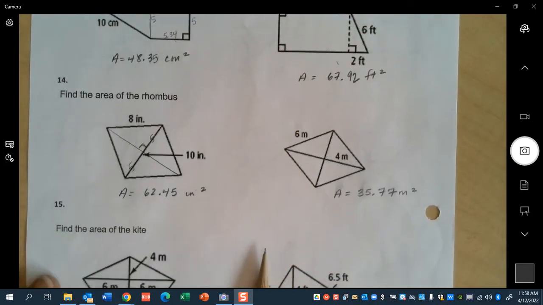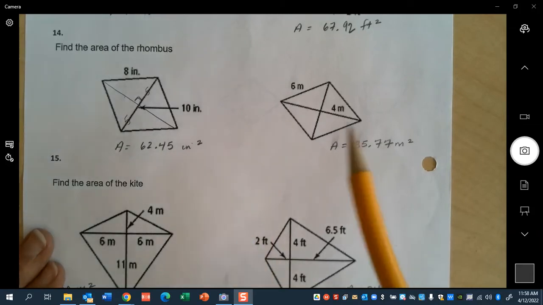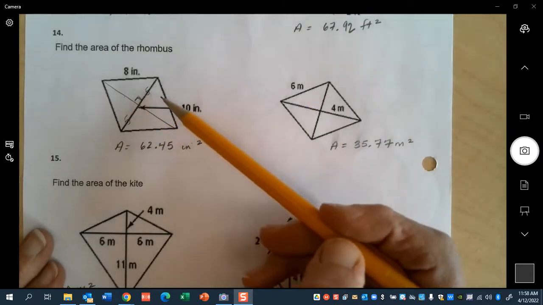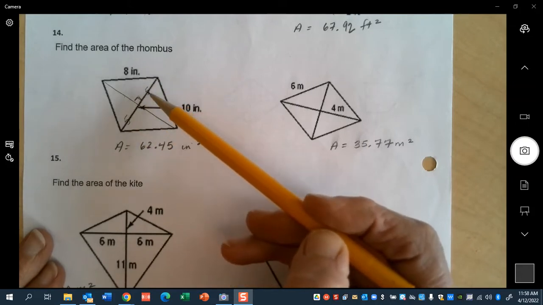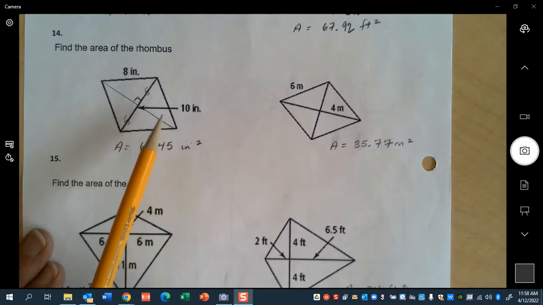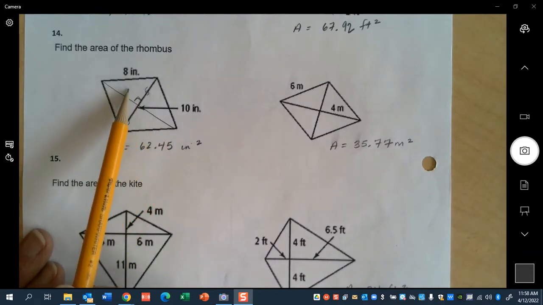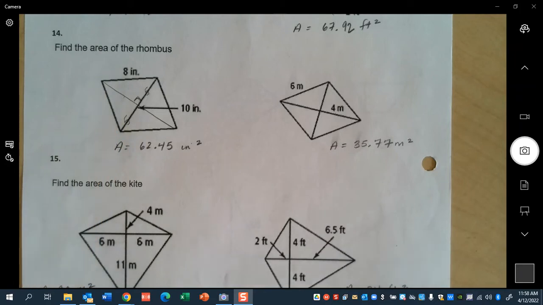For our rhombi in number 14, because I know the diagonals are bisected, since this was 10, that means I got a 5 and a 5. So when I go to draw my second diagonal, I've got right triangles here. So a squared plus b squared is c squared helps me figure out the lengths of those diagonals.